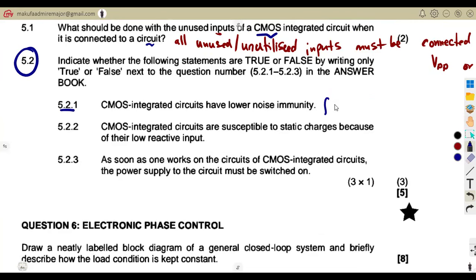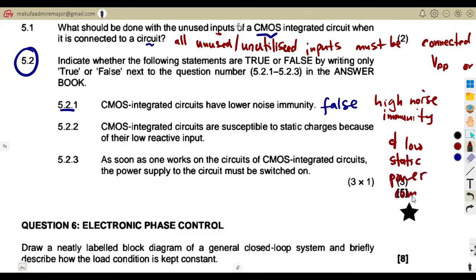This is actually false, because two important characteristics of the CMOS are that they are characterized by high noise immunity, and also low static power consumption. These are the major characteristics. By there, they're saying lower. No, so this is false.